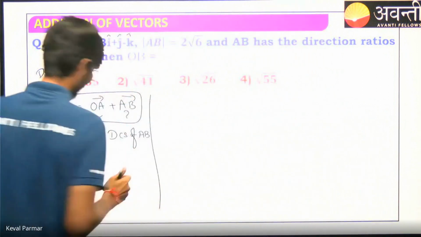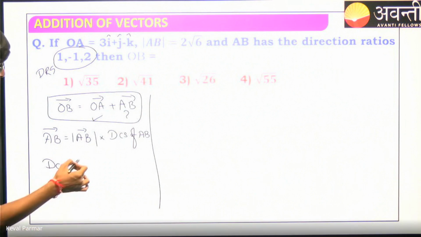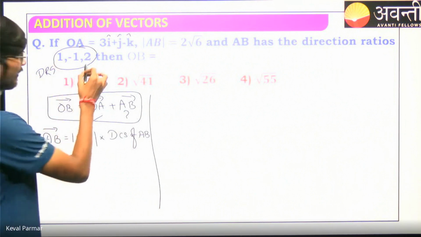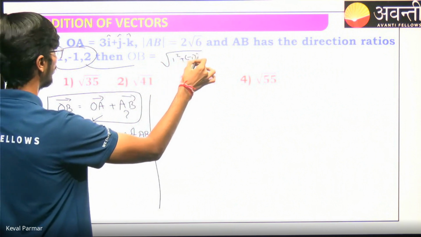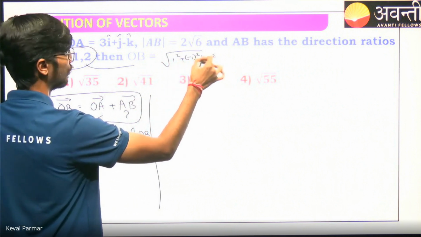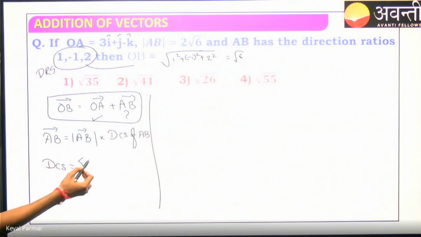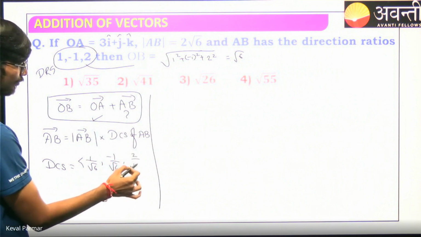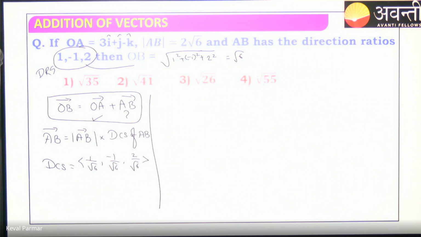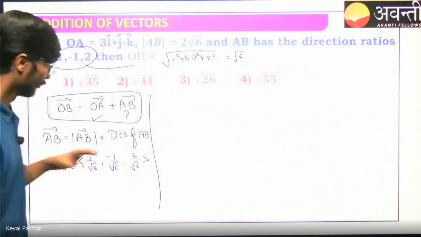The DCs will be obtained by just dividing these by the square root of 1 square plus minus 1 square plus 2 square, which is basically root 6. If I divide by root 6, I'll get 1 upon root 6, minus 1 upon root 6 and 2 upon root 6. So what can I write this as? The unit vector, right?